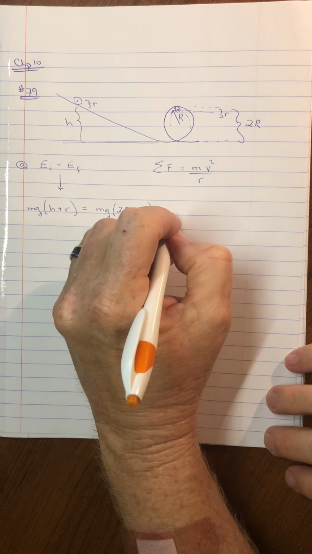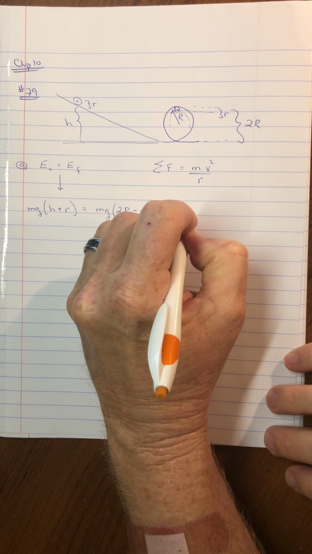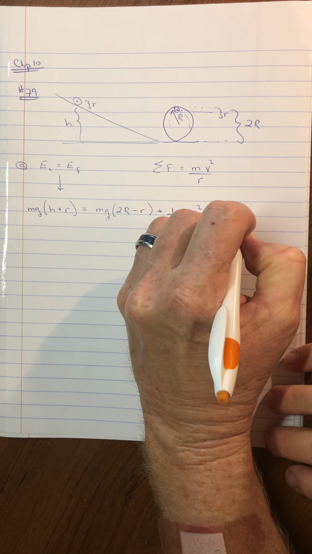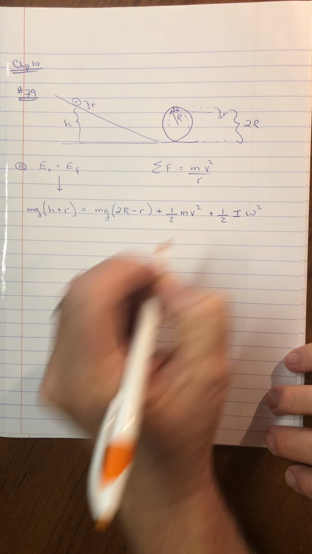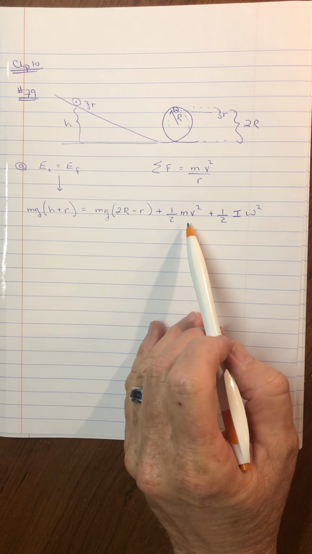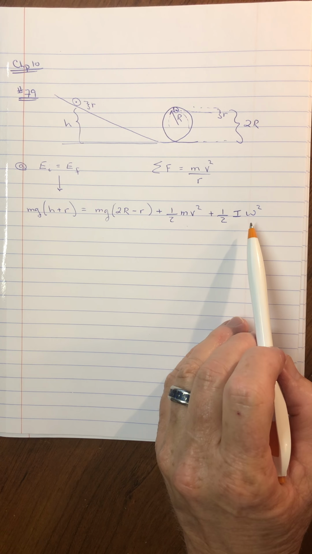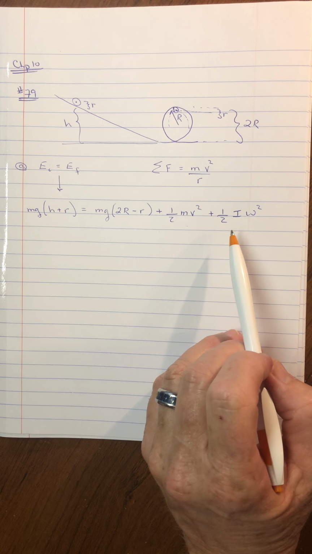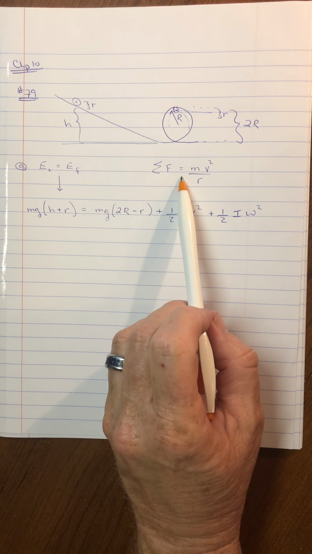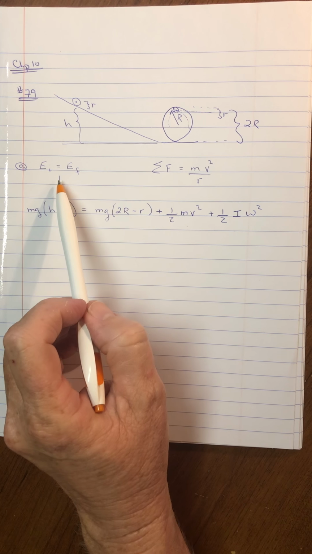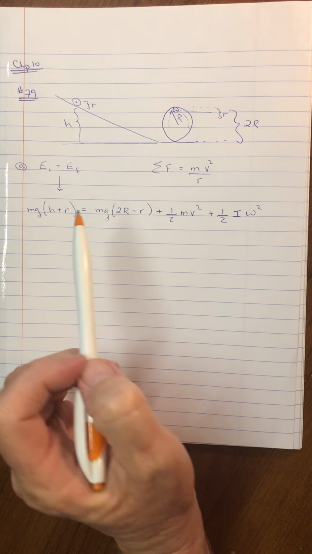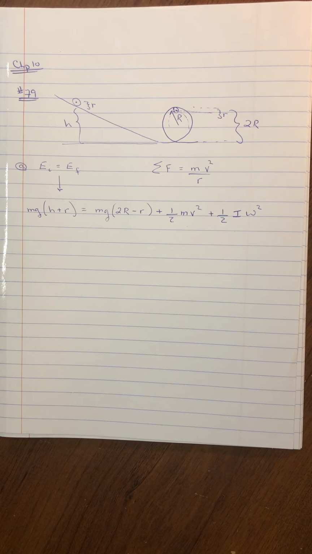And then, of course, it's moving. So it has kinetic energy, and that's where the 1/2 mv squared comes into play, but also the 1/2 I omega squared, because it's not only translating, but it's also rotating. And so here's our chapter 7, and here's our chapter 10, our new piece. And so we've got a lot of stuff here. We've got chapter 6, chapter 7, chapter 8, the conservation of energy, the center of mass of chapter 9, and then this chapter 10.